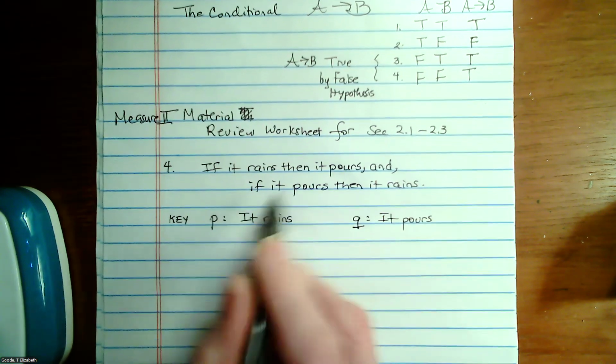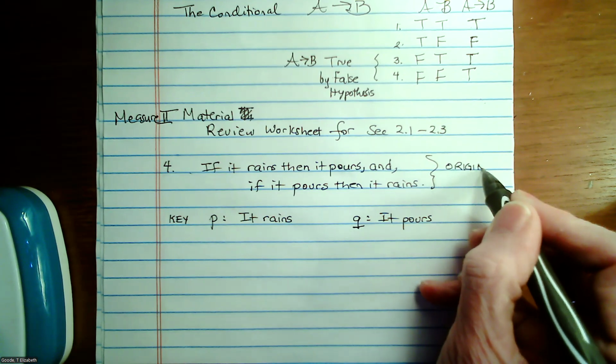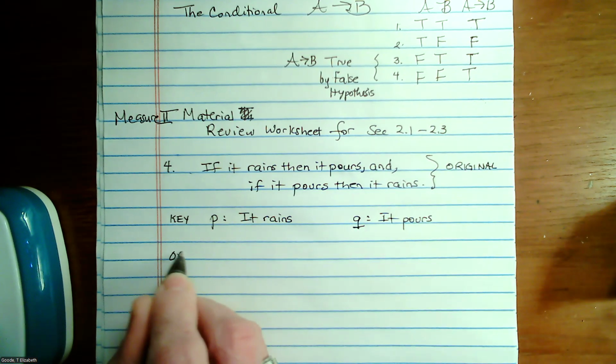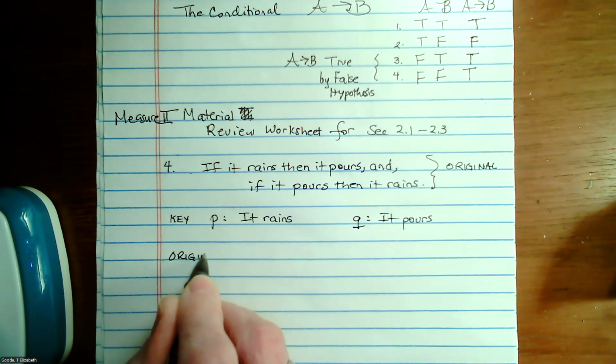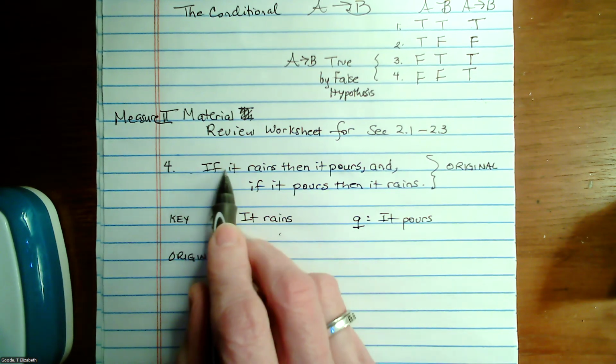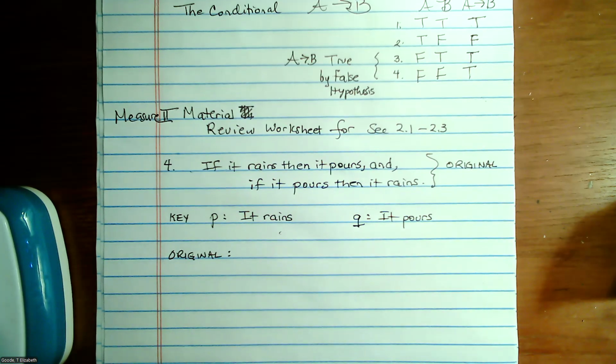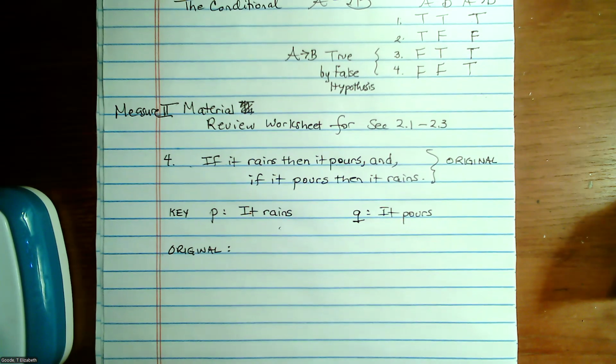And you can see this original statement, if we write it using P's and Q's and symbols: if it rains, then it pours. So how would we write that? Oh, sorry. P implies Q.